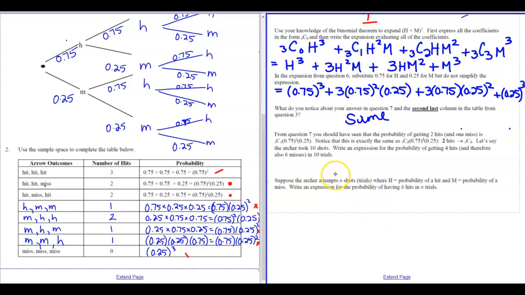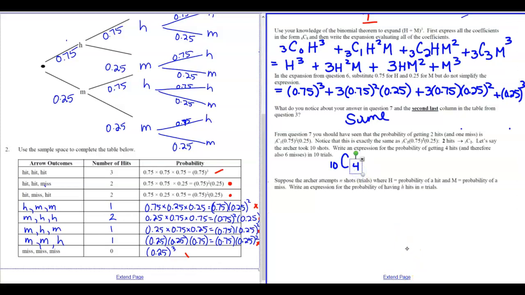So now we have 10, and that K value is going to be the number of successes or hits, 4. Normally, the exponent on that first term in your binomial is 10 minus 4, right? But because 10C4 is the same as 10C6, we're switching this.